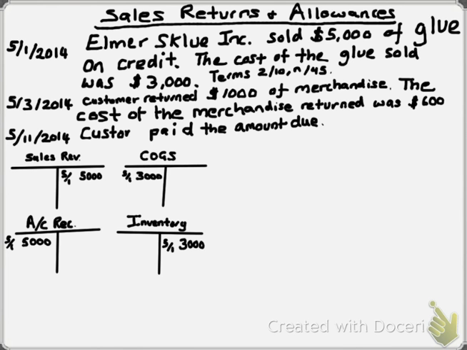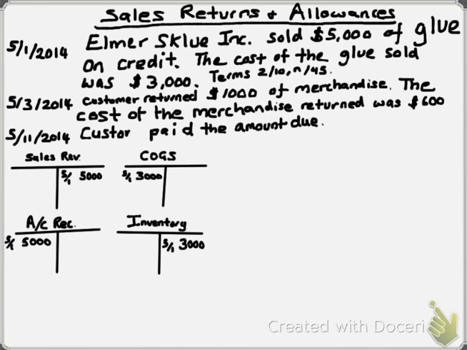One, to show that the customer returned $1,000 worth of merchandise, and the second part, that $600 of inventory was returned back to us. So we're going to record both those transactions. When we are recording the return of the $1,000 of merchandise, we know that accounts receivable will get reduced by $1,000, so that the customer will only owe us $4,000.